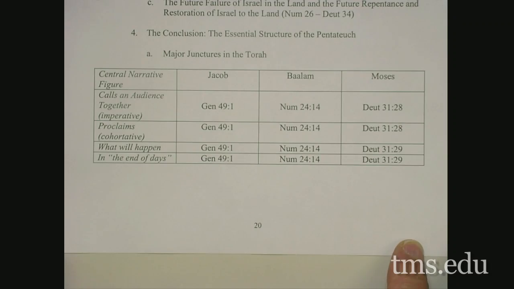And so here are the three basic places. Now, interestingly, you have a narrative leading up to these speeches. The speeches that follow, about what's going to happen at the end of the days, for Jacob and Balaam and Moses, are all given in poetry.